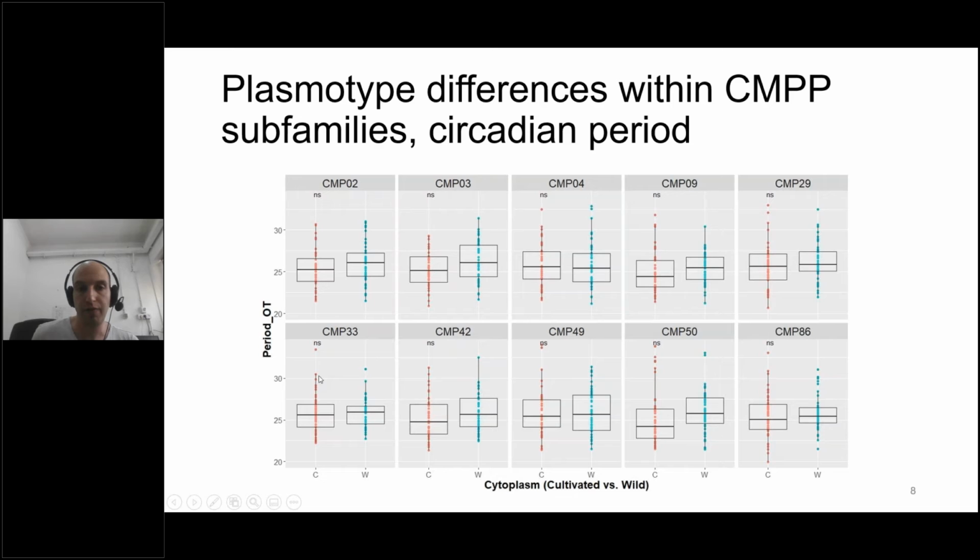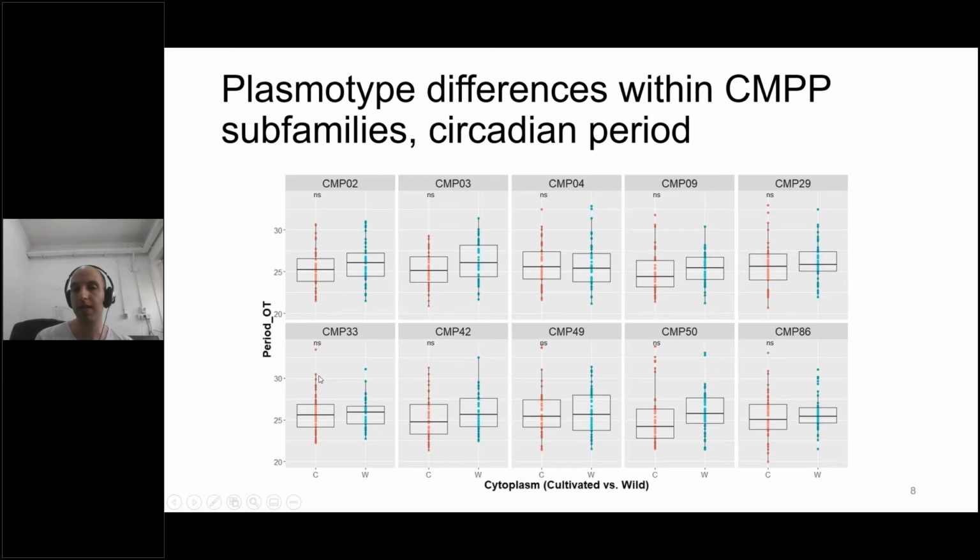What is also interesting is if we look at exactly the same analysis, but instead of days to flowering, we look at the circadian period, which we measured at an optimal temperature with our machine. We don't see any family which has a significant impact visible from the plasmotype. This is quite interesting, especially because we know that days to flowering interacts with the decision when to flower, and it does interact with the photoperiodic pathway.